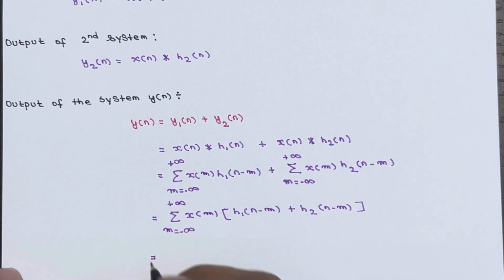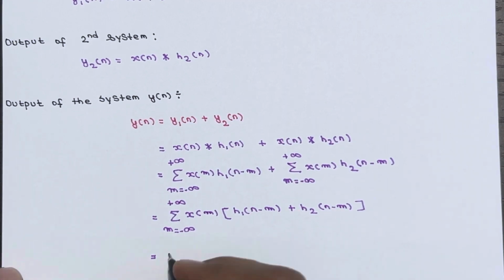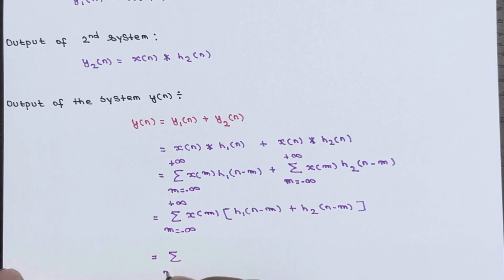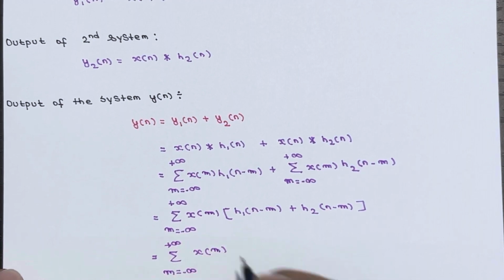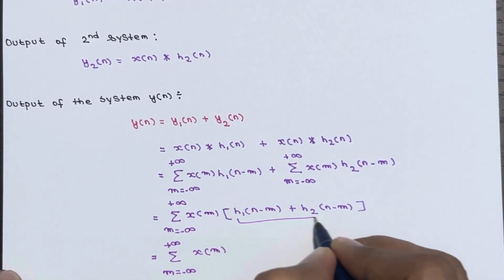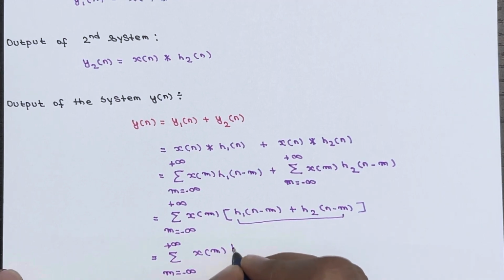So this is equal to the summation, m from minus infinity to plus infinity, of x of m times h of n minus m, where I replace h1 of n minus m plus h2 of n minus m with h of n minus m.